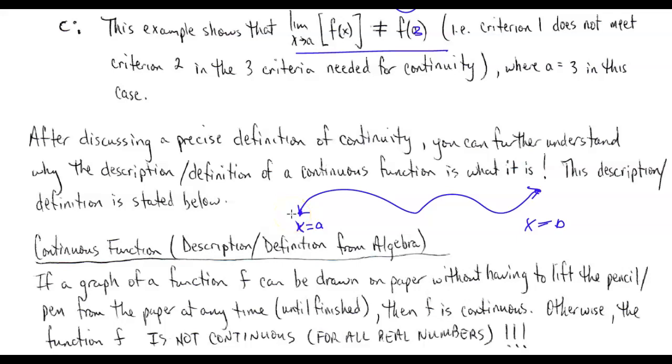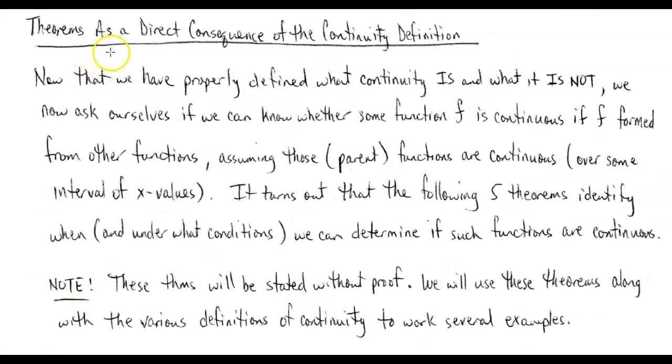We're trying to formally define what continuity is in terms of limits, but it still always goes back to that very simple way of thinking about it. If I can take my function and draw it with a pencil or pen without having to pick it up while I'm drawing, then whatever I've drawn is going to be continuous for that portion of the function.